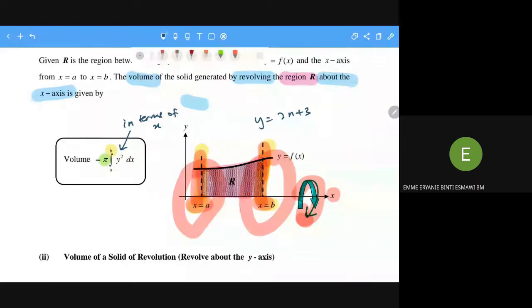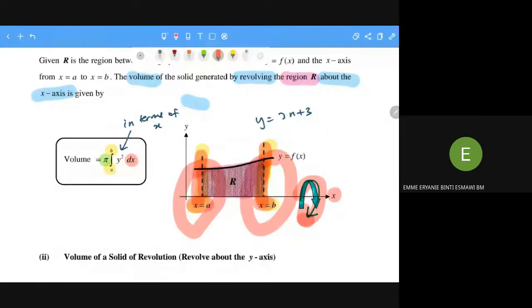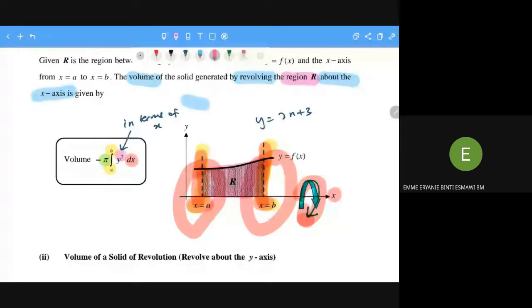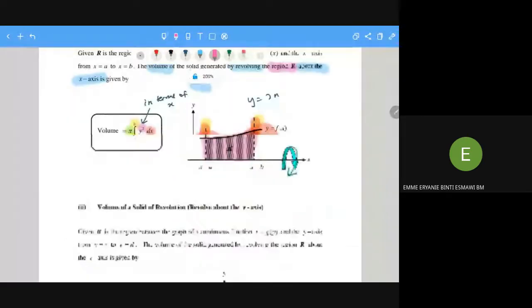Square maksudnya after you have put the equation there, you have to square it. Square that expression of y.